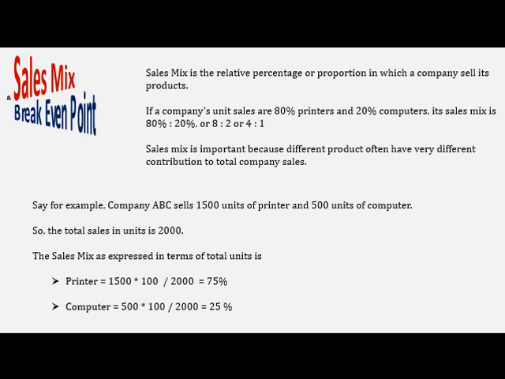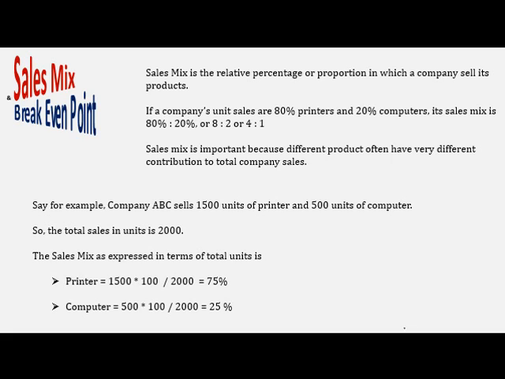Contribution of printer is 1,500 multiplied by 100 and divided by 2,000. That is 75%. Whereas, contribution of computer is 500 multiplied by 100 and divided by 2,000. That is 25%. Thus, the sales mix consists of 75% printer and 25% computer.